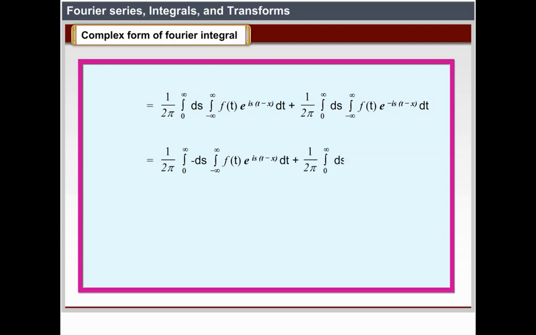= 1/2π ∫ from 0 to ∞ ds ∫ from −∞ to +∞ f(t) e^(is(t−x)) dt + 1/2π ∫ from 0 to ∞ ds ∫ from −∞ to +∞ f(t) e^(−is(t−x)) dt.